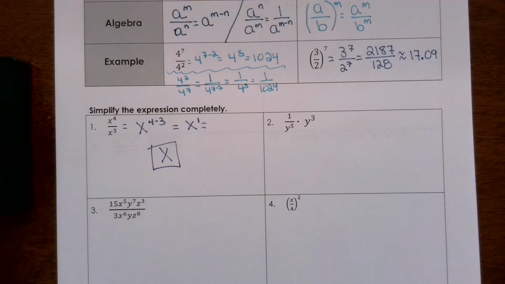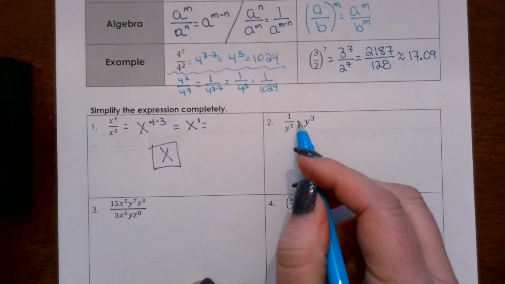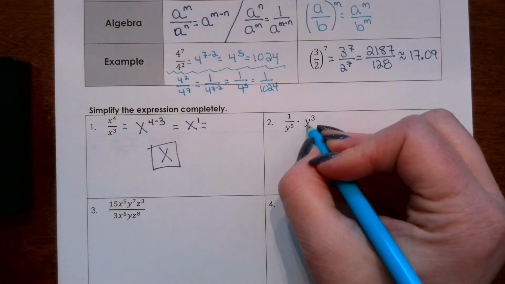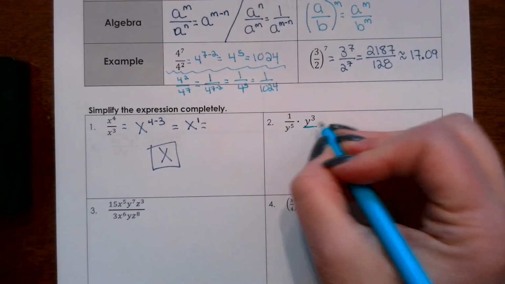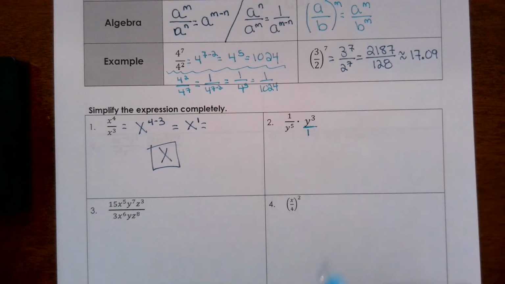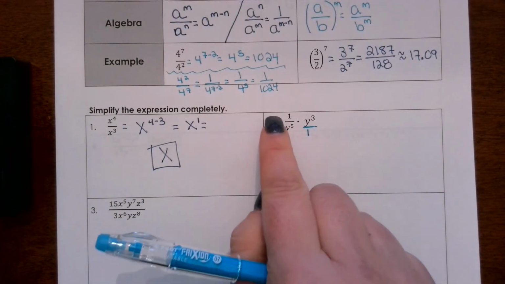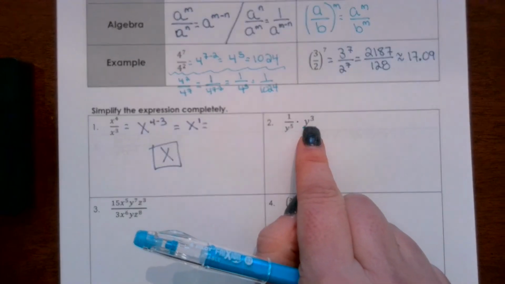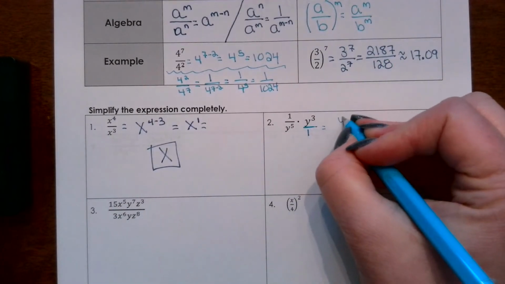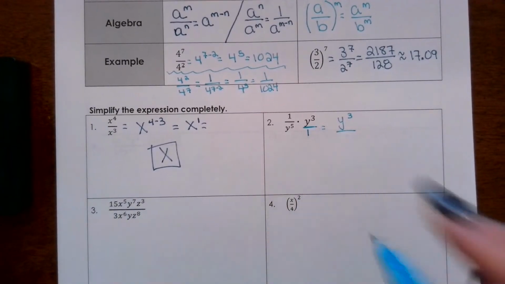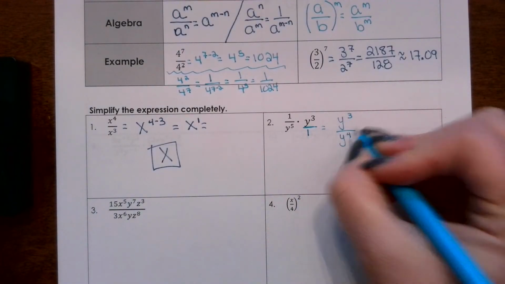Alrighty. Now I have 1 over y to the 5th times y to the 3rd, or y cubed. This looks like some fraction multiplication. This is almost like having a whole number. I can put this over a 1 and make it a fraction. And now I'm going to multiply right across. What's 1 times y cubed? Well, it's y cubed. Anything times 1 is itself. y to the 5th times 1 is y to the 5th.